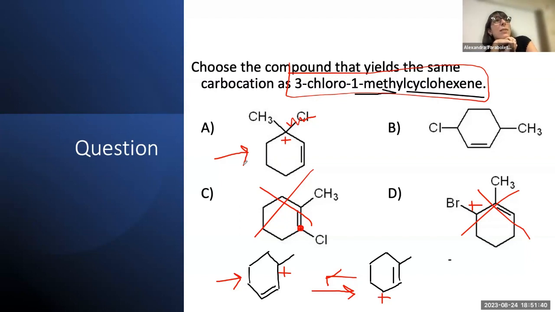I think so, yeah. That would be my strategy. Definitely in the case where it gave you the name, 100% you have to draw that out because you're not going to be able to just visualize what the resonance looks like.